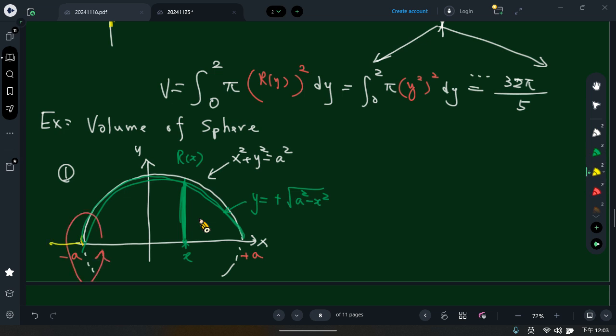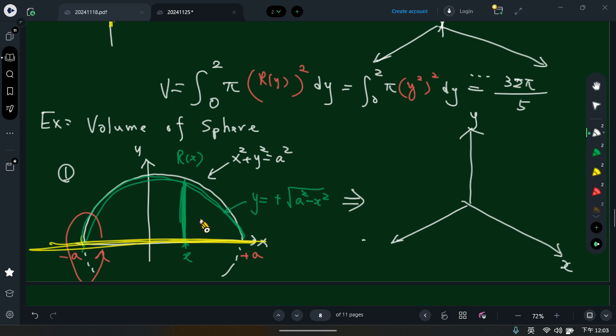If our x-axis is here, then you can see the result will be like this one. I need to draw the 3D object for you.